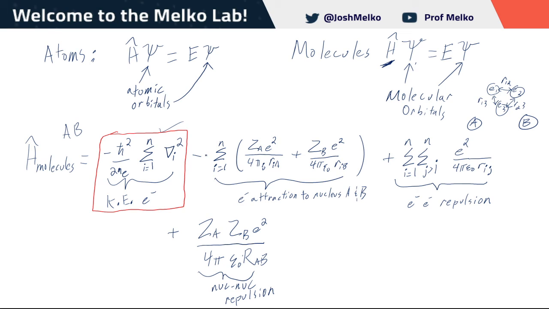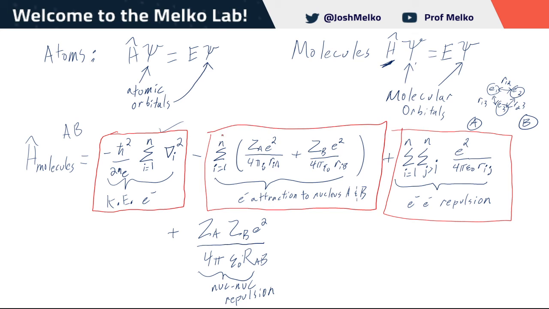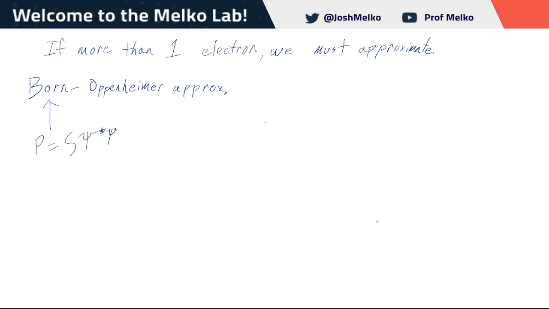But there are terms that have to do with electrons, here, here, and here. And so we could just think about those three terms as being an electronic Hamiltonian.